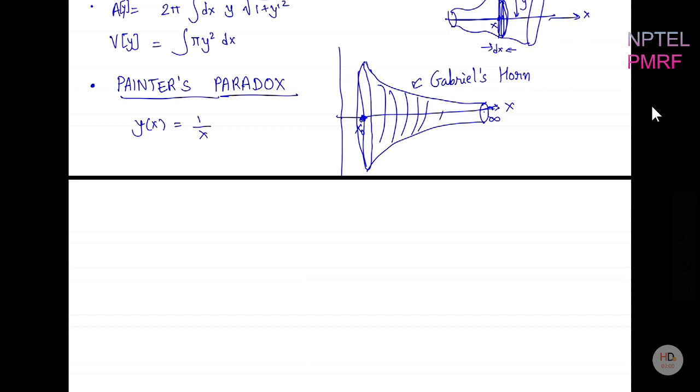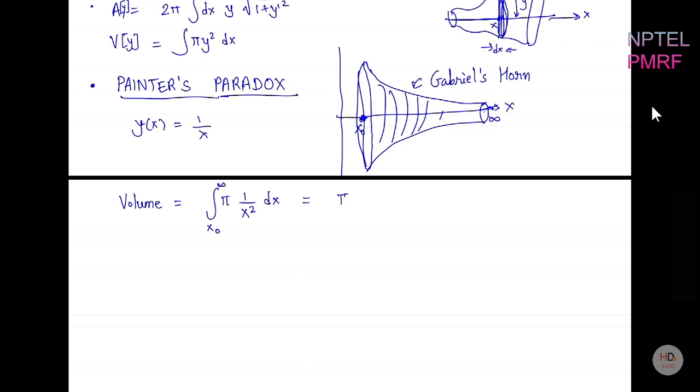So let's calculate the volume first, which is how much you can fill inside. That is the integral of pi y square. y is 1 over x, so y square is 1 over x square, dx, and you start from x0 and go till infinity.